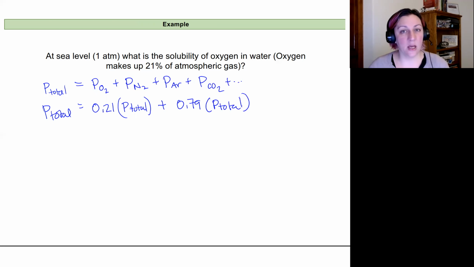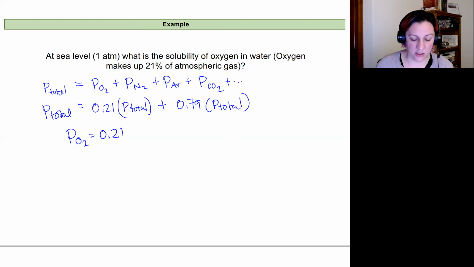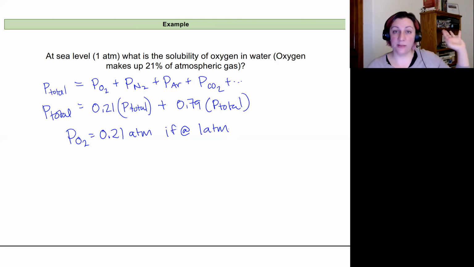We're only focusing on oxygen, so we don't have to figure out the exact partial pressure of everything in air. So our partial pressure of oxygen is going to be equal to 0.21 atmospheres if we're at 1 atmosphere pressure. This is bringing back some of what we did with gas behaviors.